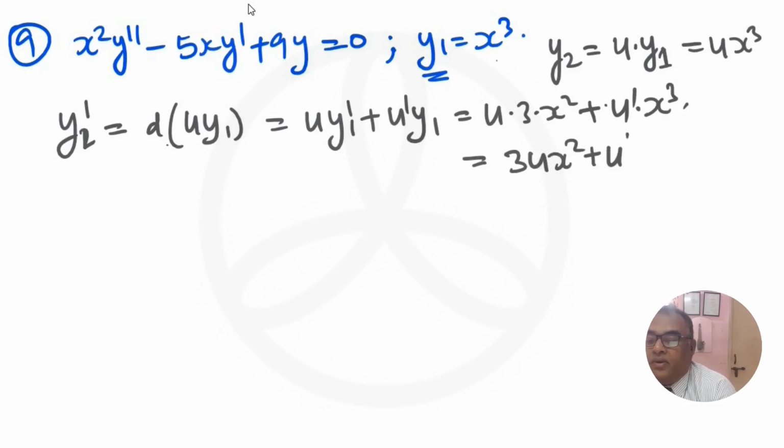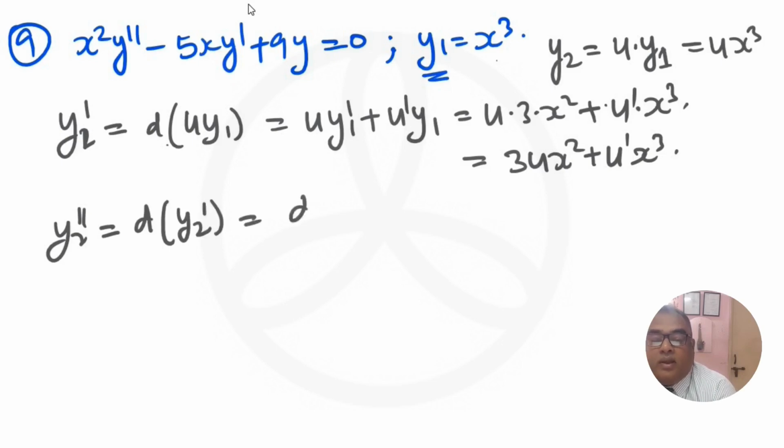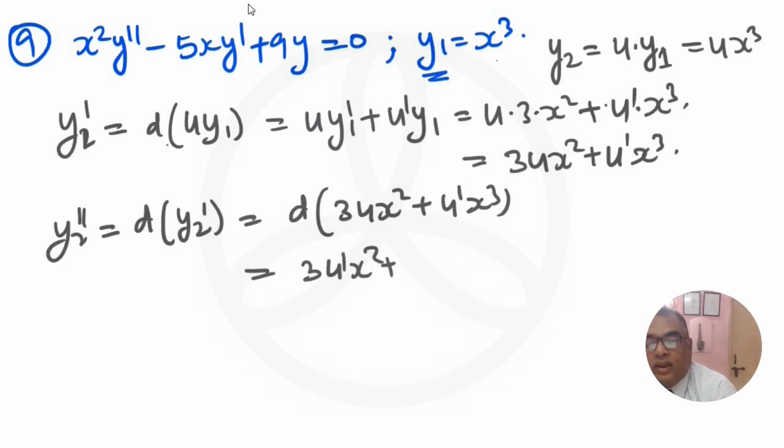Now double differentiate it, y2 double differentiation. We will have to apply the differentiation on y2 single prime, or differentiation of 3ux square plus u prime x cube. This will give us 3u prime x square plus 3 times 2 times ux.